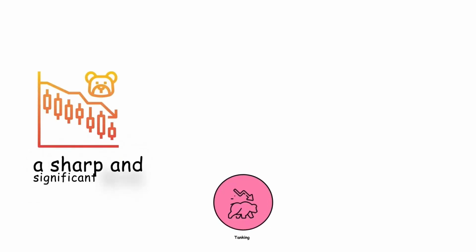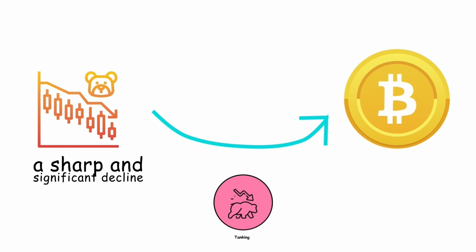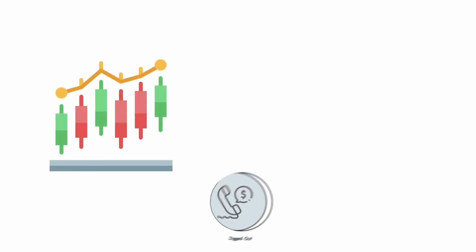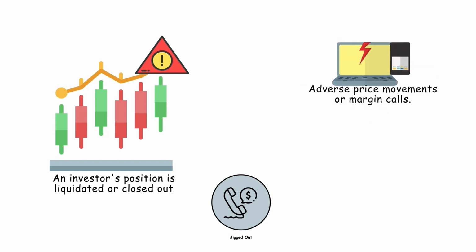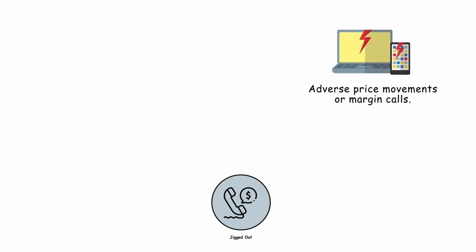Tanking. This refers to a sharp and significant decline in the price of a financial asset, such as stocks, bonds, or cryptocurrencies. Jigged out. This is a term that may be used in trading or investment contexts to describe a situation where an investor's position is liquidated or closed out due to adverse price movements or margin calls.